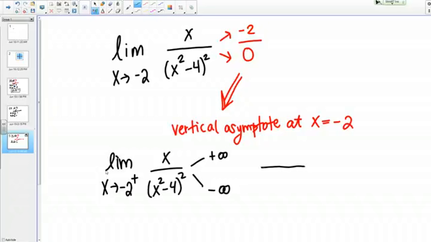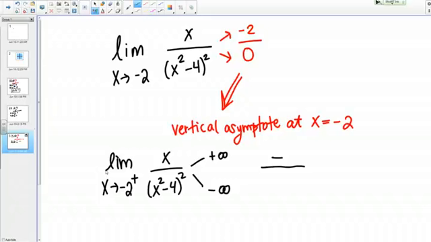The way I usually do that is just by checking the sign of the numerator and the denominator. I'm going to negative 2 from the right, so that's values that are just a little bit greater than negative 2. My numerator is going to be negative because a value that's just a little bit greater than negative 2 is still negative.